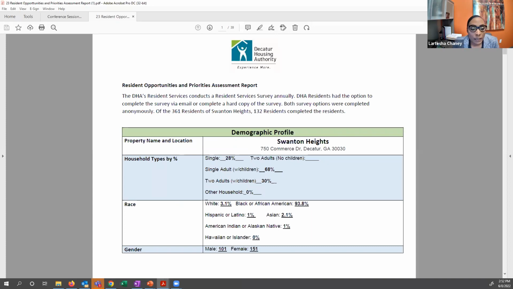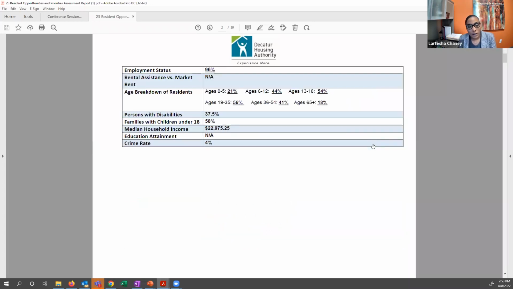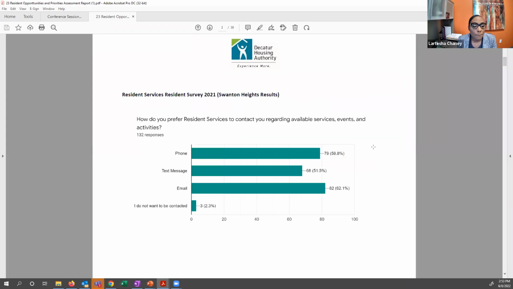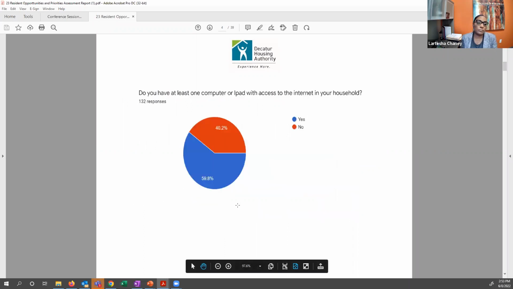Some of the data that you see here are just some of the information that we were able to obtain from the city of Decatur and also our resident services department. These are all the slides and the data calculations that Google Docs will curate for you.